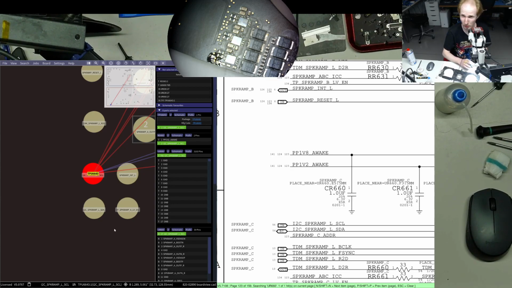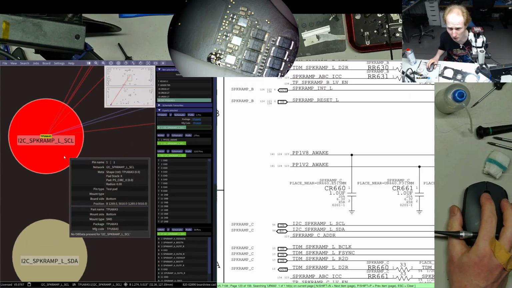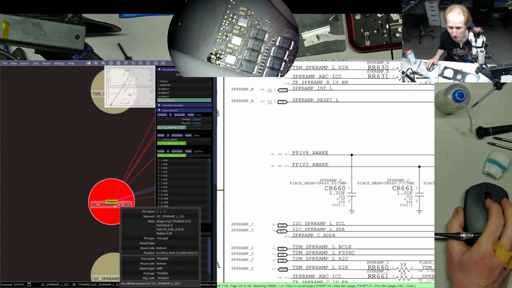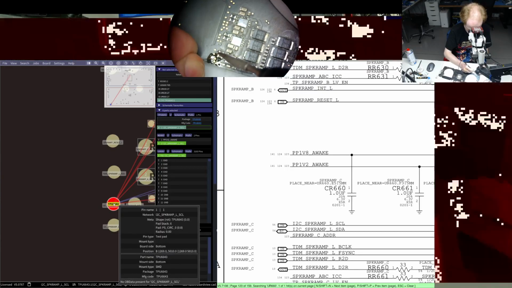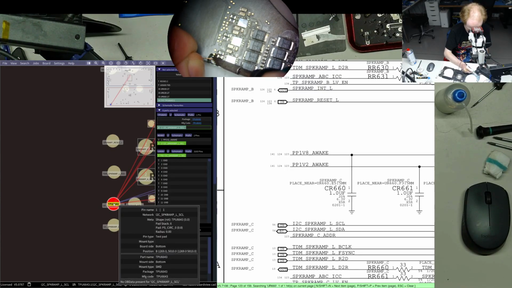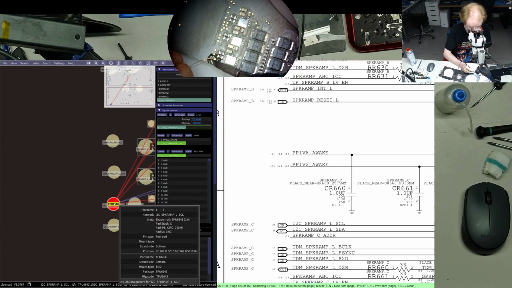Okay, we're going to put the green cable on clock and data. So this one would be clock. So basically what we did, we found the clock and data signals for the I2C.